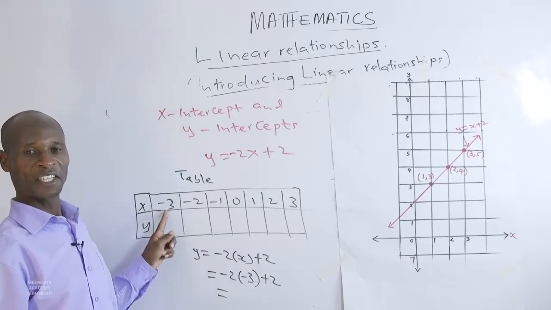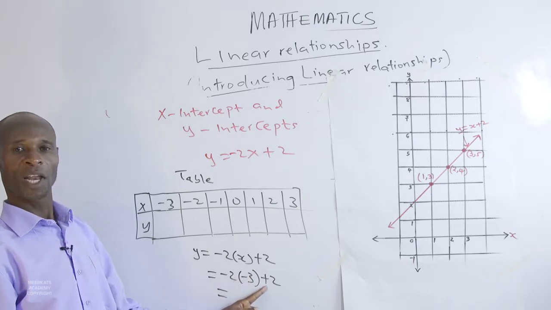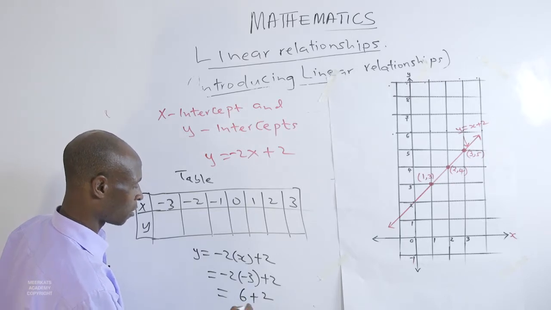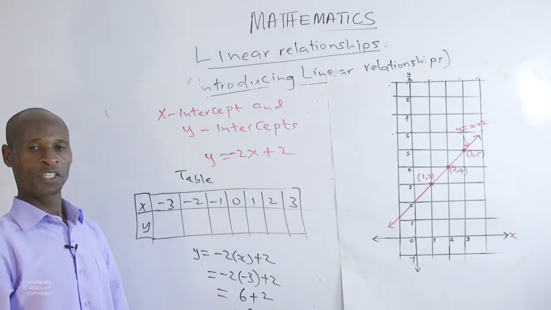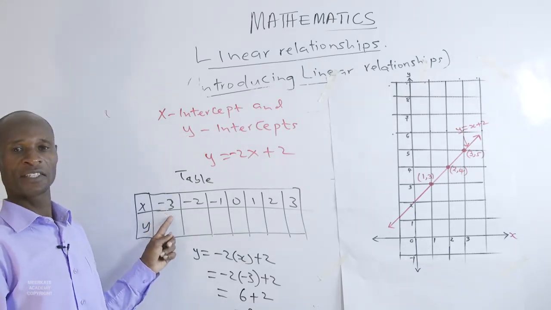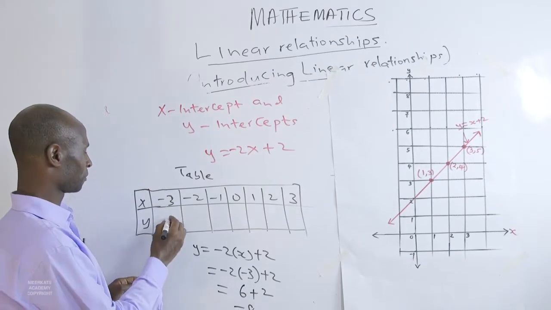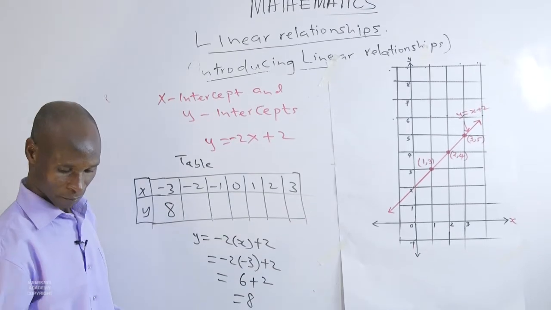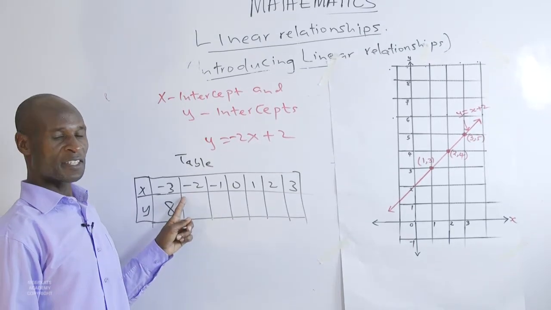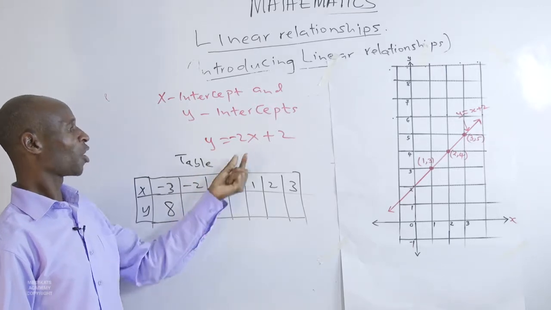When x value is -3, the y value is -2 times -3 plus 2. That gives us 6 plus 2, which is equivalent to 8. And therefore, we fill in our table, where x is -3, we fill the y value with 8. Then, when x is -2, find out the y value by substituting correctly.